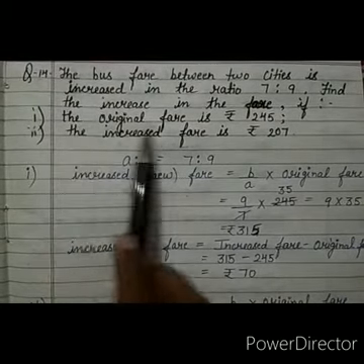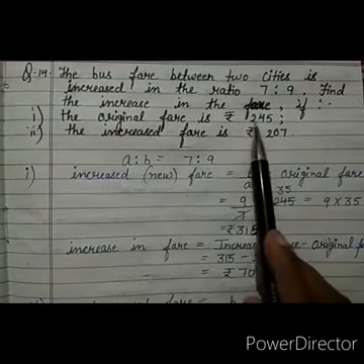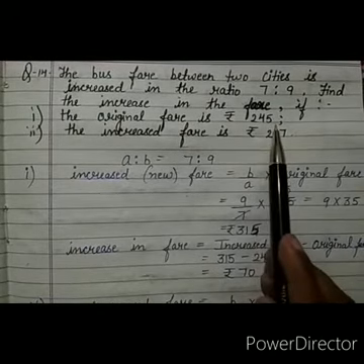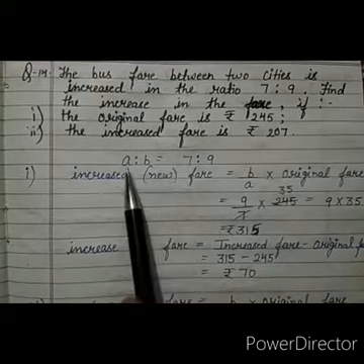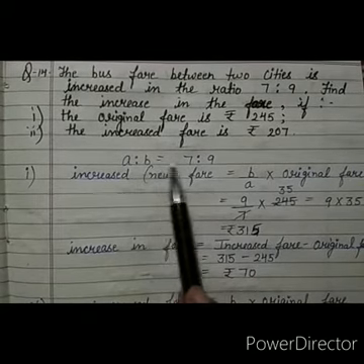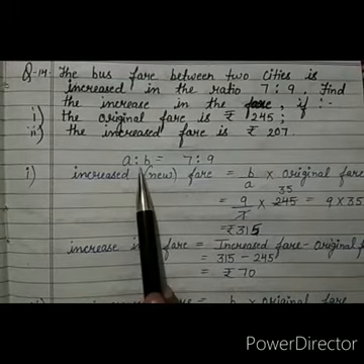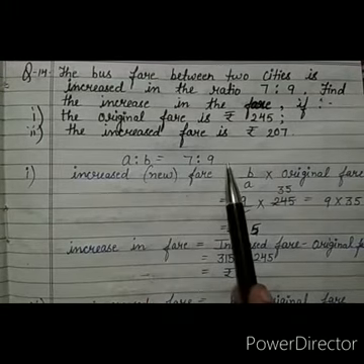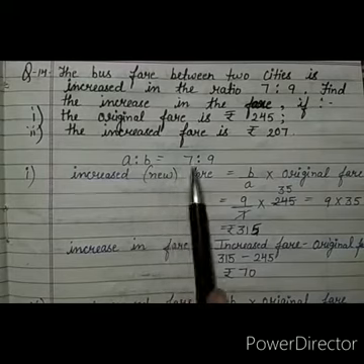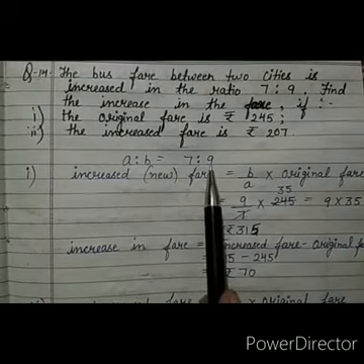So in the first part we have given the original fare, which is equals to 245, and the ratio, that is a is to b, which is given 7 is to 9.